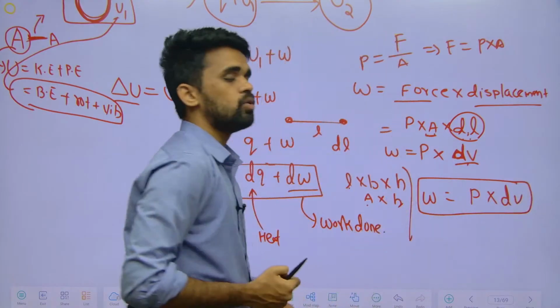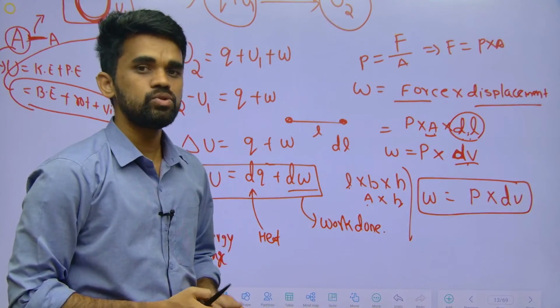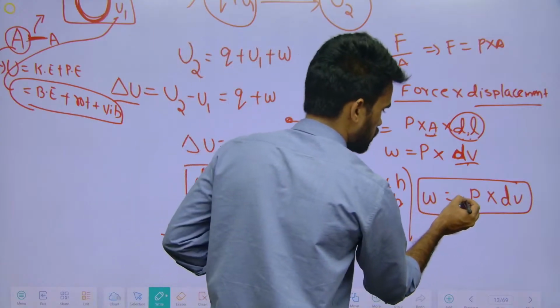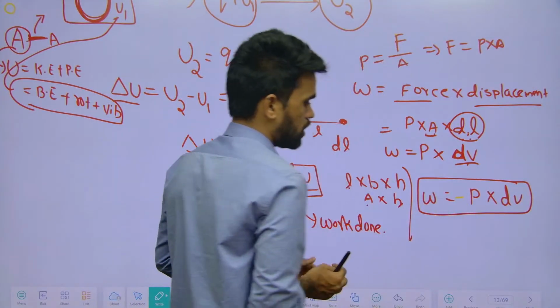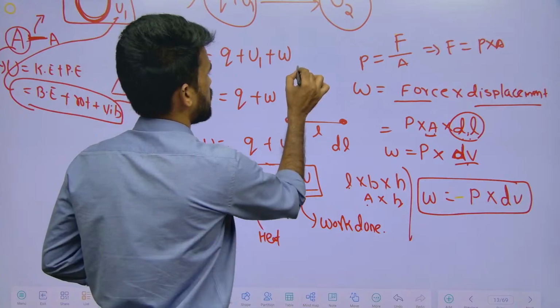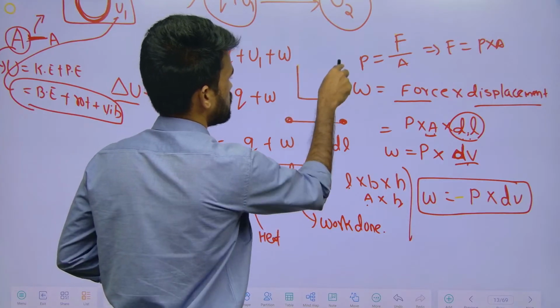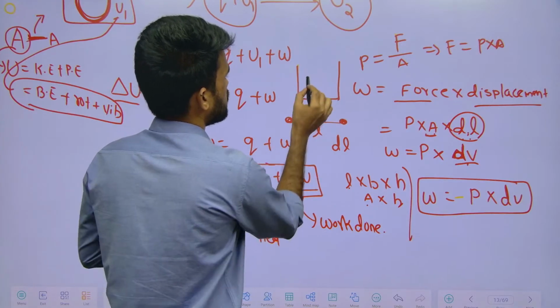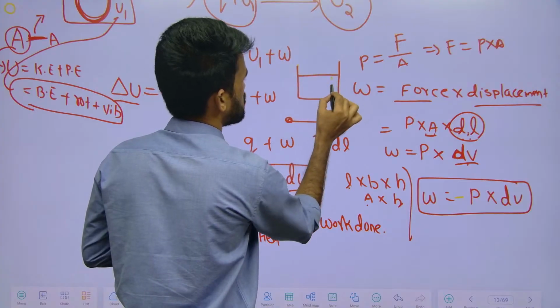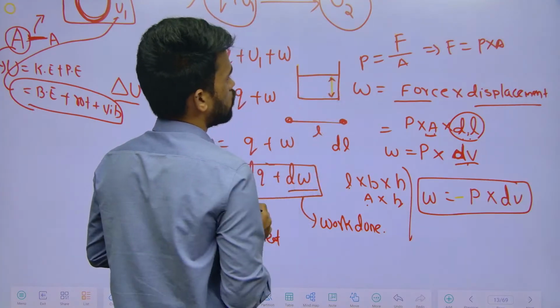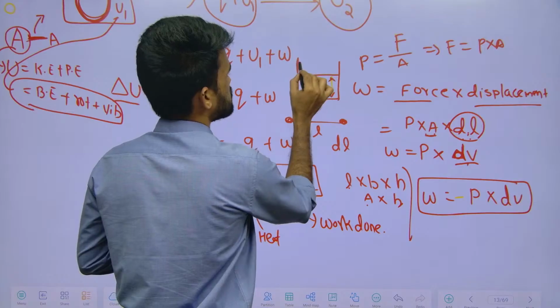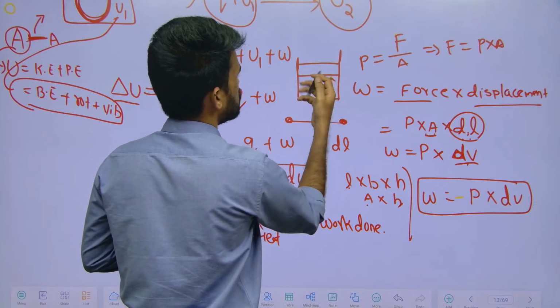Okay, and now in chemistry we will be using a negative symbol over here. Why this negative symbol? For example, see, I am writing a container here. This is a container, having volume up to here. Now if I say the volume is expanding, moving up to here, so this is the difference.